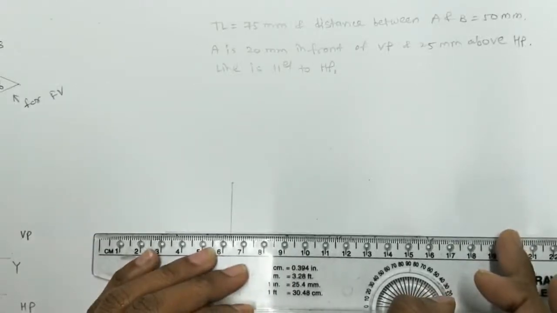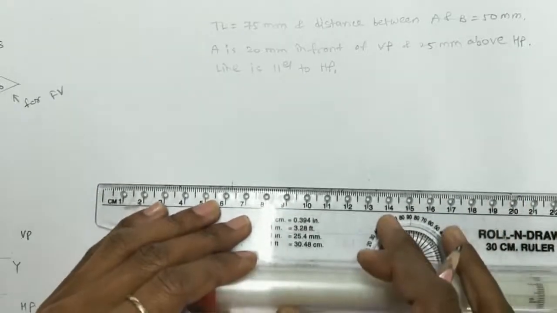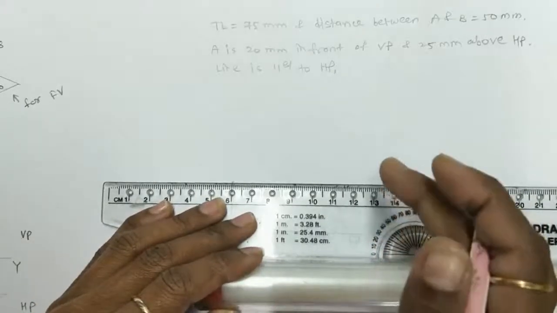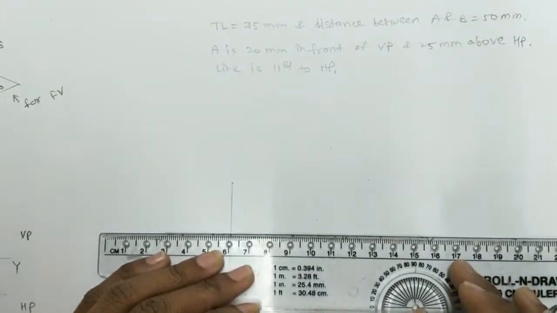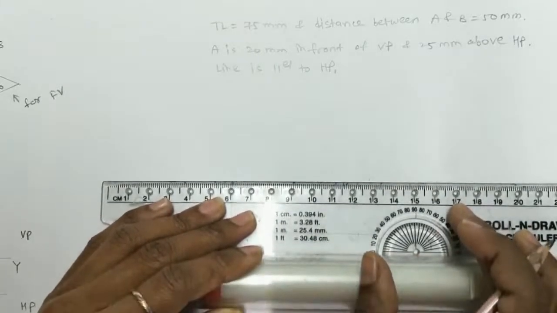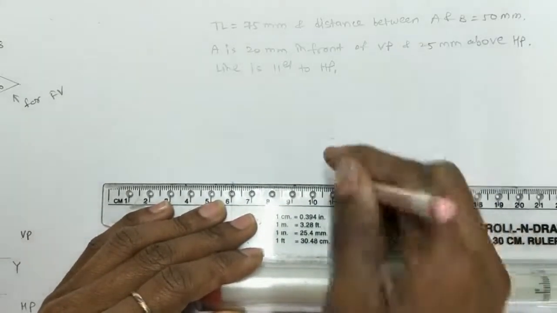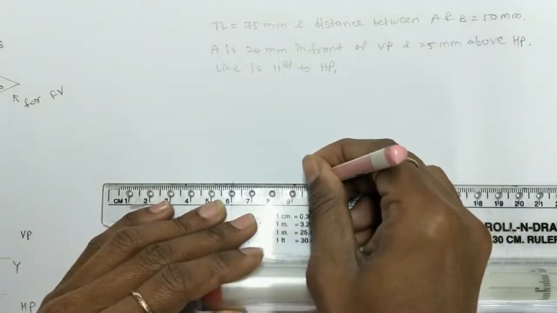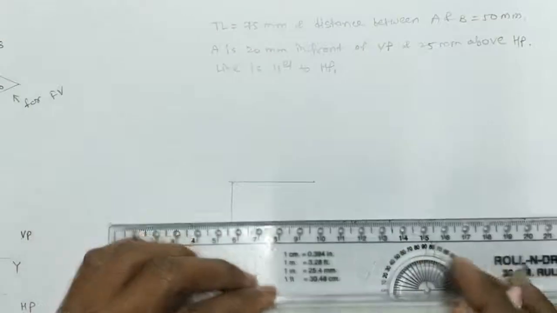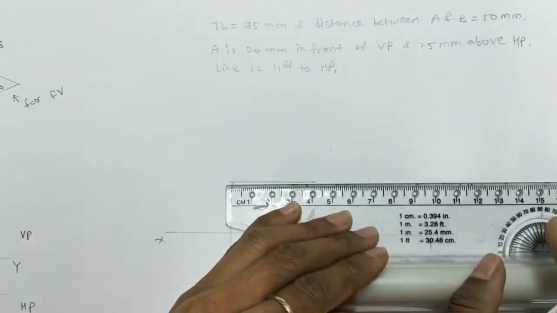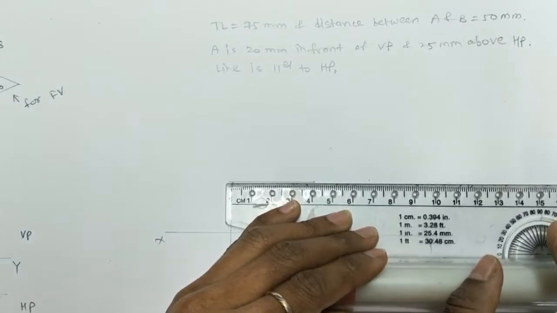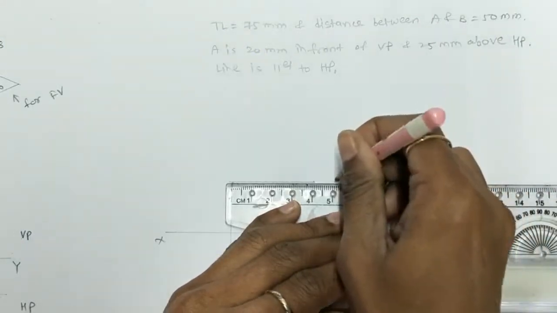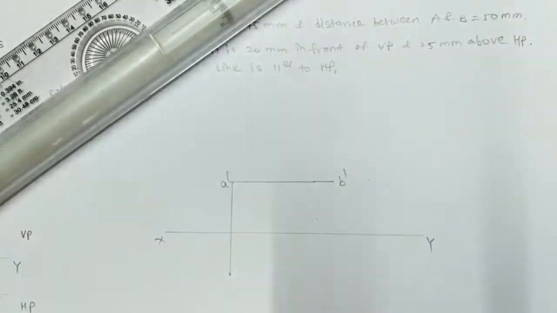So draw a line parallel to line XY and measure 50 mm on this line. So this is 40 distance. We have to draw 50. I will extend this line and this is 50 mm distance. Give names to these points as point A dash and B dash.